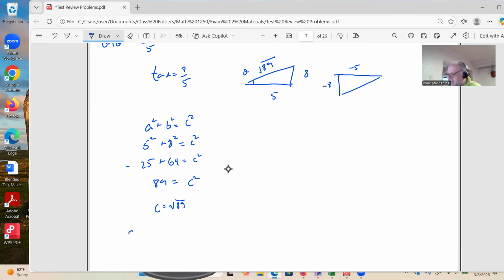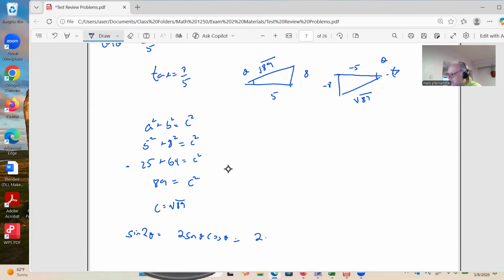Now we have to figure out the sine of 2 theta. Sine of 2 theta is equal to 2 sine theta times the cosine of theta. Let's put it back in the third quadrant so we make sure we figure this out correctly. We're looking for this theta in quadrant 3.